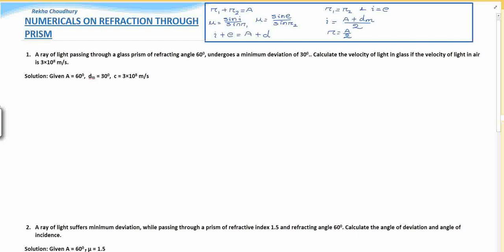So r is equal to A by 2, and mu is equal to sin of A plus dm divided by 2, divided by sin A by 2, and all these formulas will be applicable for minimum deviation.